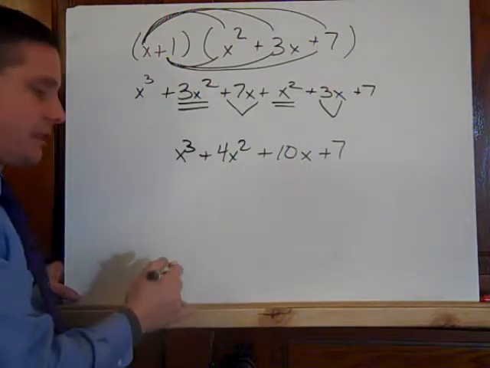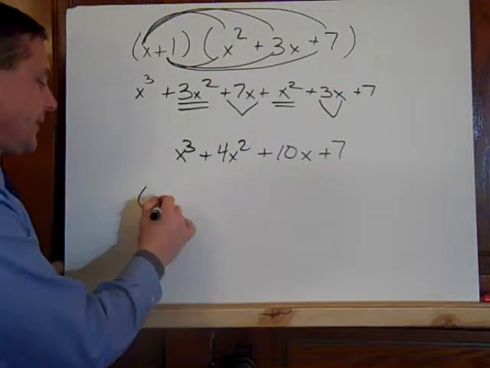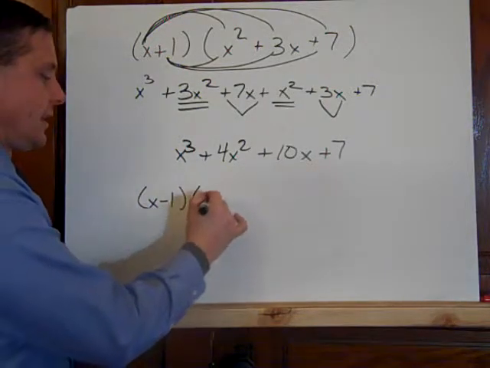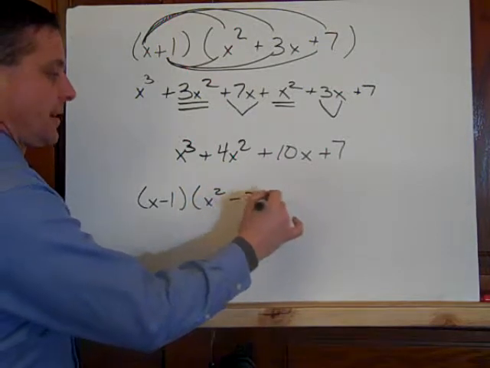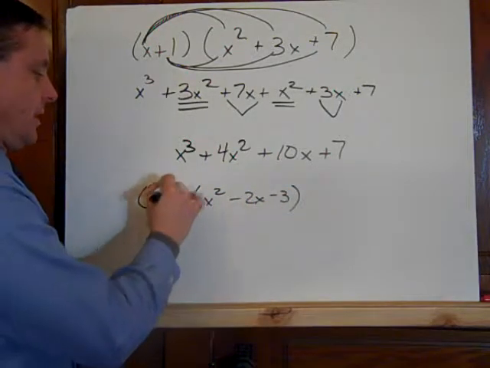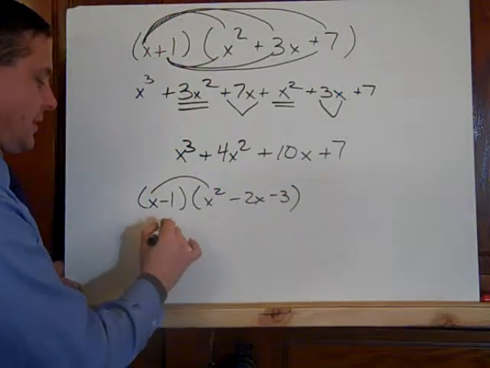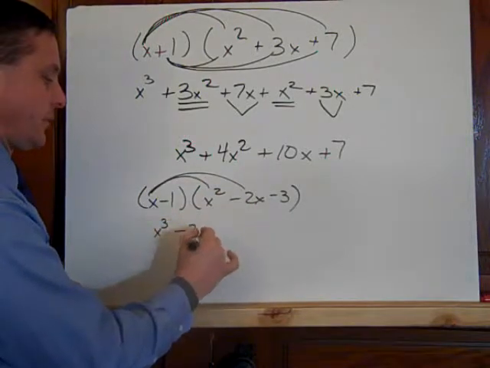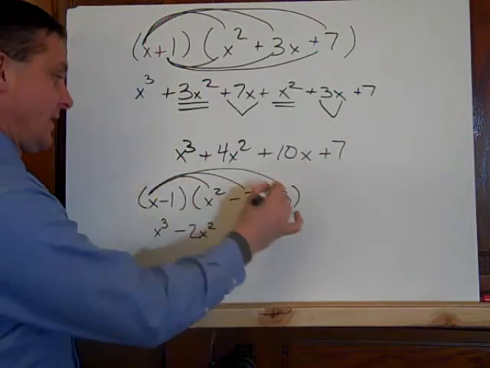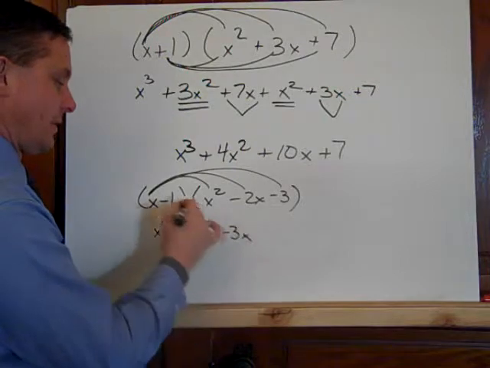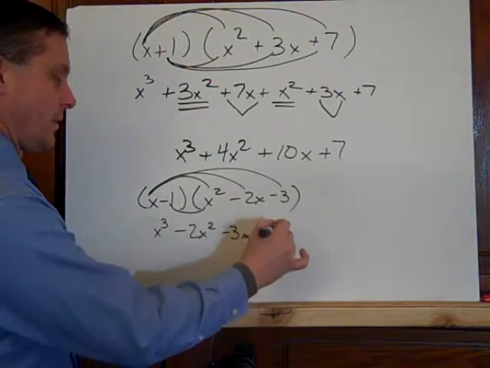Everything multiplies everything. So if I have x minus 1 times x squared minus 2x minus 3, I get x cubed, negative 2x squared, watching the signs, negative 3x, minus x squared.